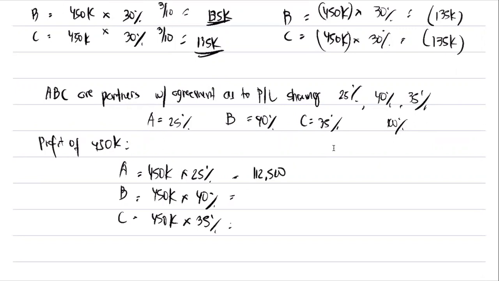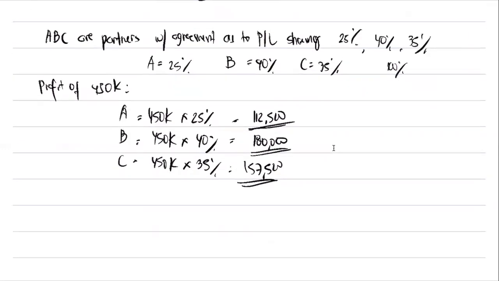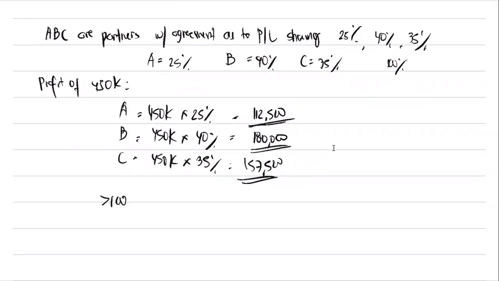And we have 450 times 0.4, we have 180,000. And then we have 450 times 0.35, we have 157,500. That's how we will share it in case it is in a percentage. Sir, yung sinabi nyo naman kanina, na what if it is more than 100%, pwede ring less than 100%. So you just get the share over the total, you multiply it to the profit or loss.